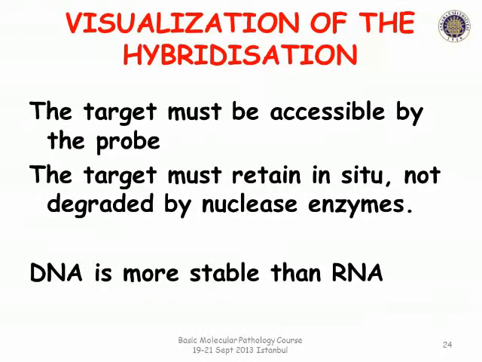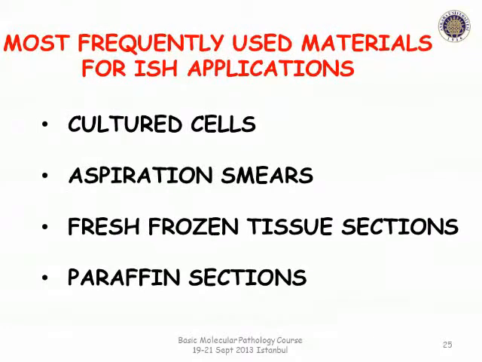So if you would like to have a good visualization, then your target must be accessible by the probe, and the target must be retained in situ and not degraded by endonuclease enzymes. So DNA is more suitable than RNA. So when you would like to show the RNA, then you have to be very patient.